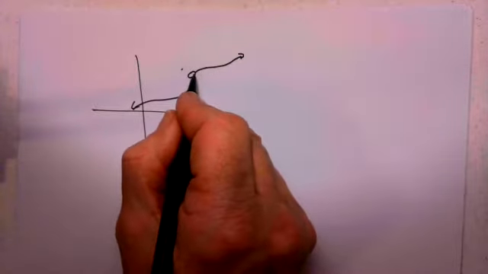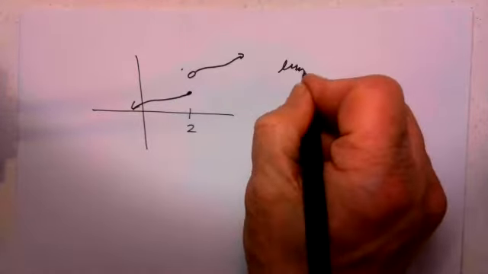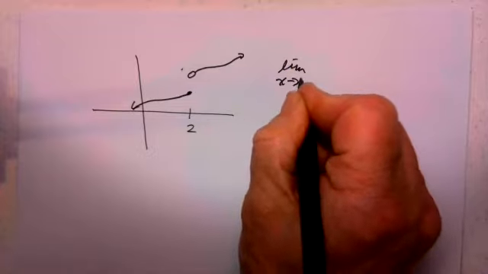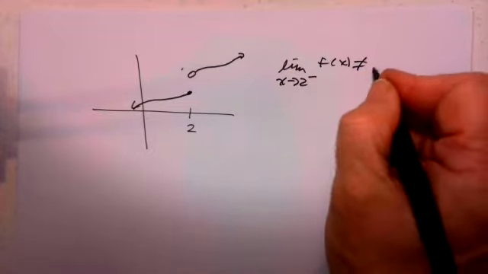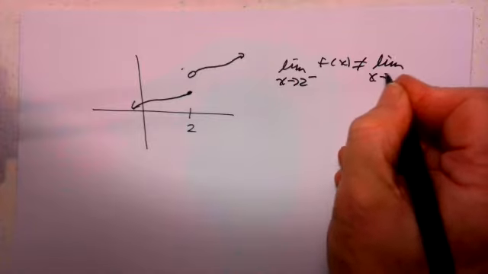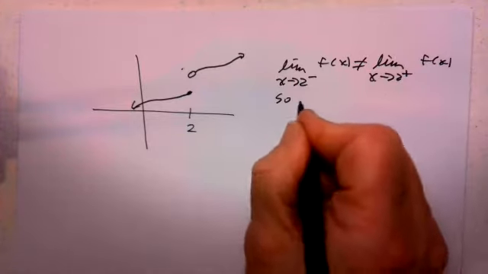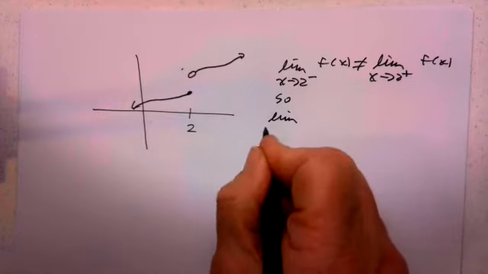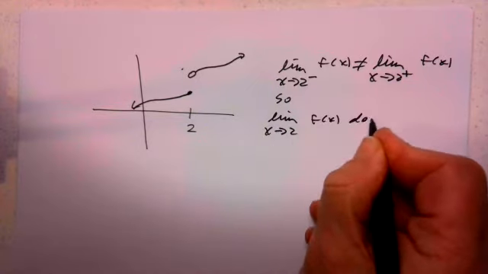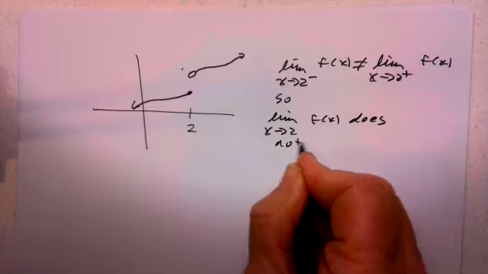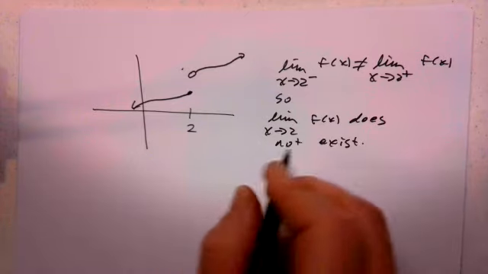So as I approach from the right, I'm hitting one number. As I approach from the left, I'm hitting another number. So the limit as x approaches 2 from the left of f of x is not the same as the limit as x approaches 2 from the right of f of x. So the limit as x approaches 2 of f of x does not exist. So what kind of a discontinuity is that? Notice this is a jump discontinuity.